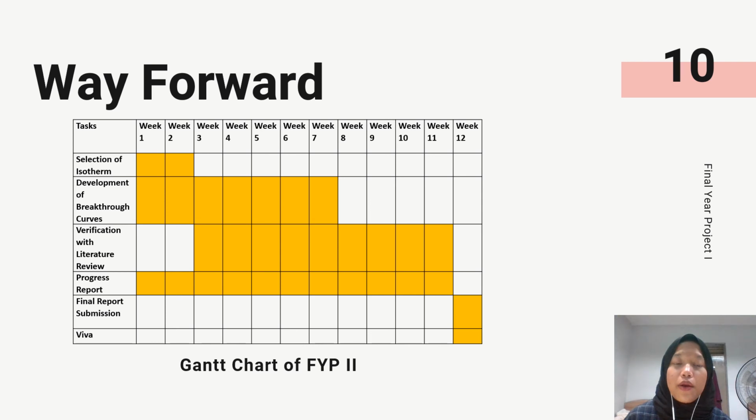By the time all of these activities have been done, we will finalize the report, submit it, and conduct the viva session. As of now, there will be no conclusion as this is FYP1.